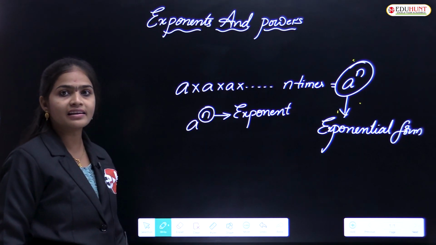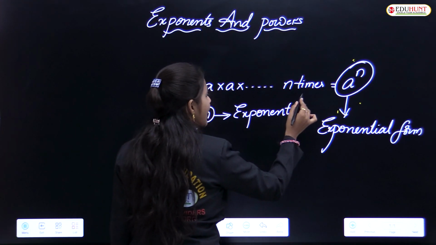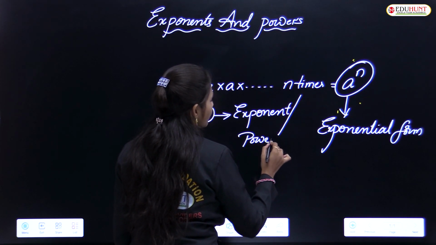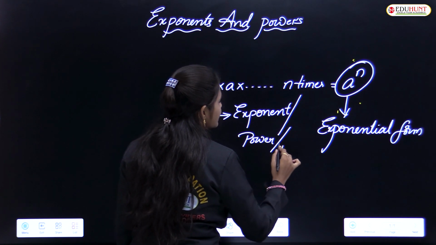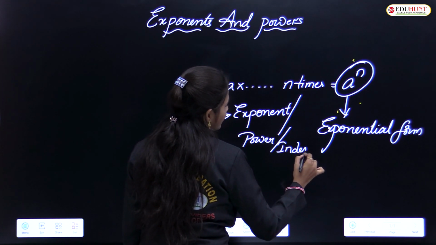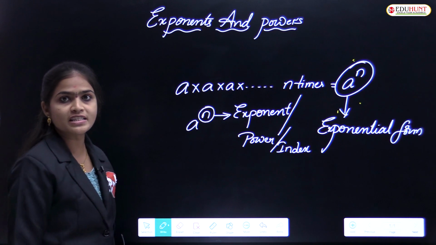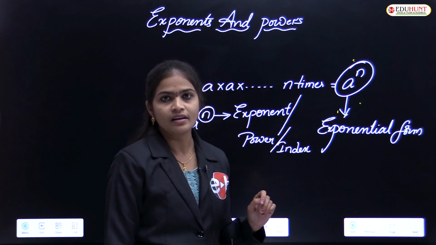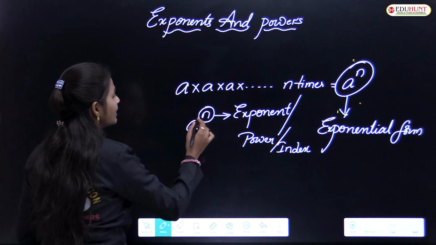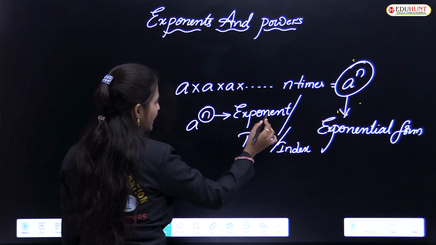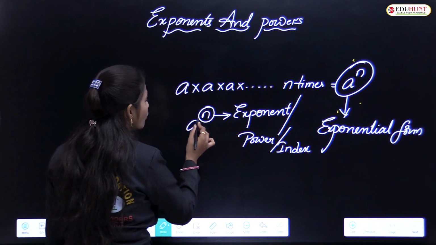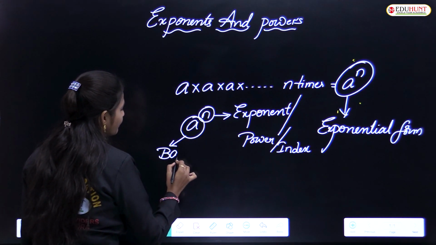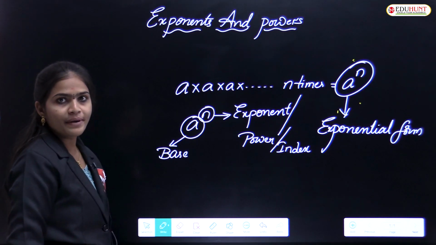Exponent has other names also: exponent is also called power, and also called index. So in a power n, n is the exponent, power or index. What do we call a? A is called the base.